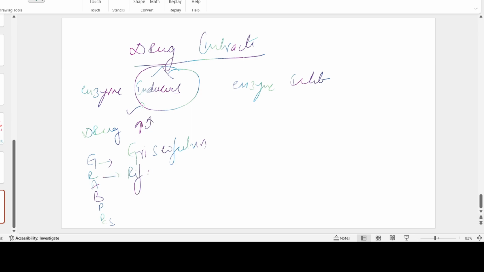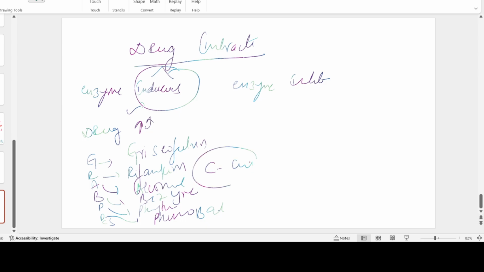next, rifampicin: R for rifampicin, A for alcohol, B for benzopyrene, P for phenytoin, one more P for phenobarbital, C for carbamazepine, and S for St. John's wort.